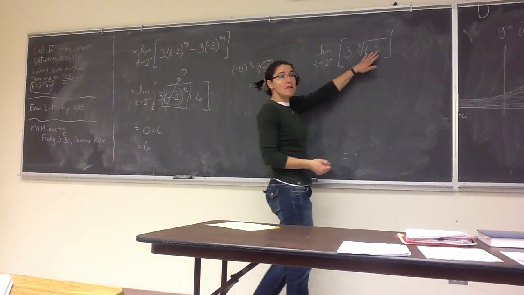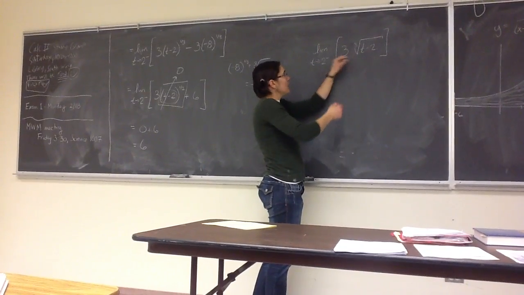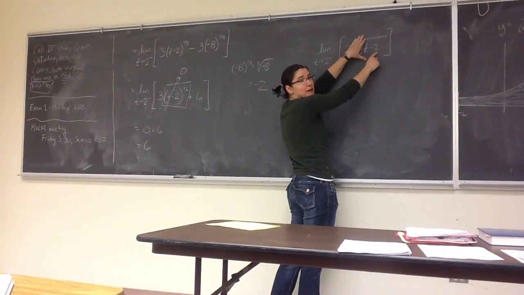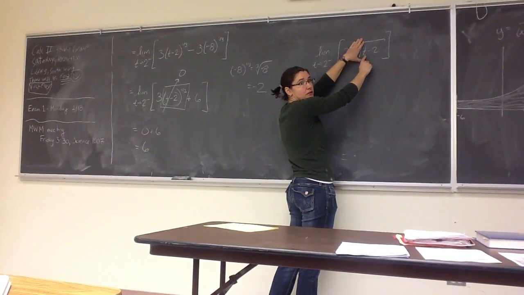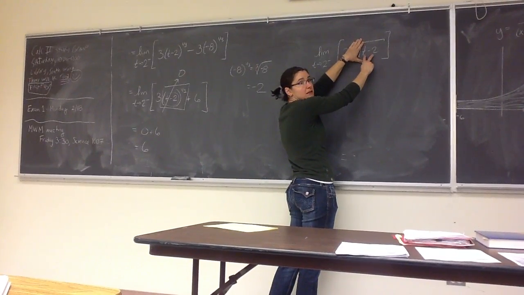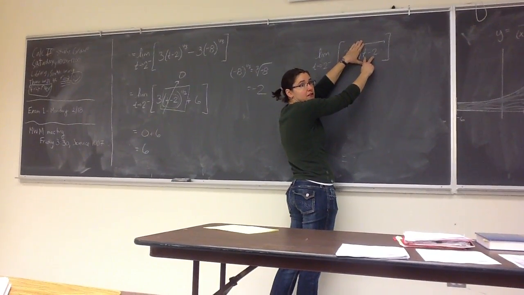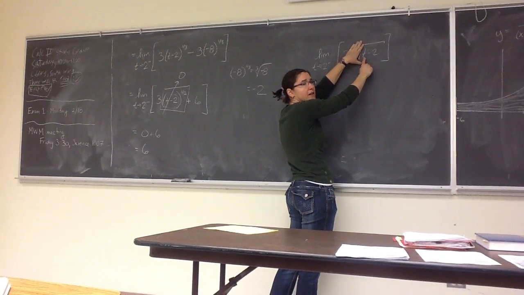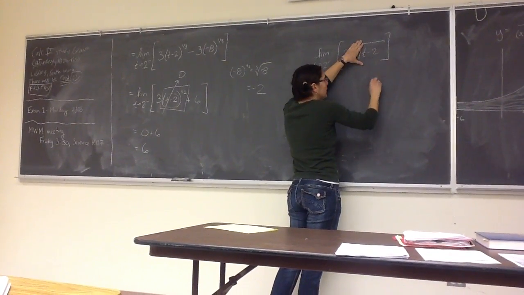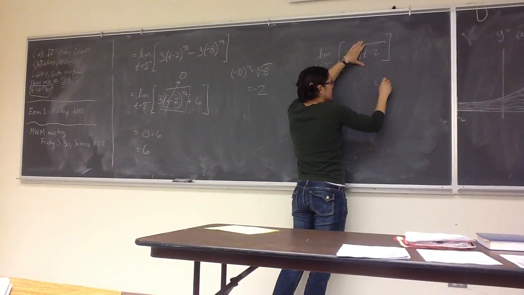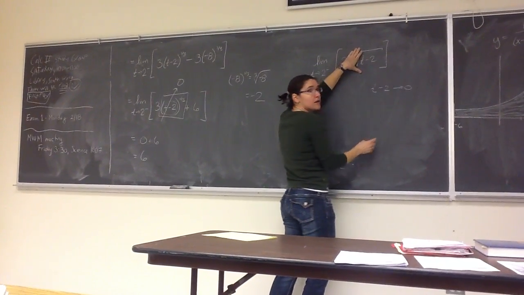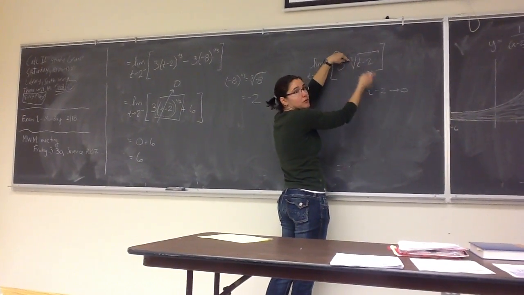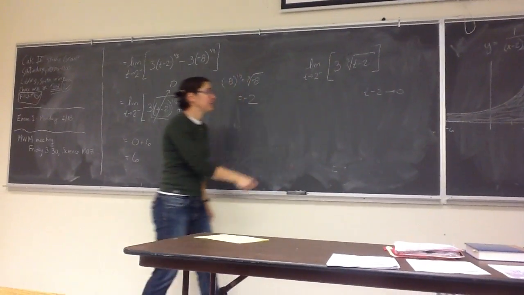And so what I might do is say, okay, I'm going to look at the part that's just the t minus 2 inside here. As t gets close to 2, this value inside here gets very close to 0. Think about t being 1.9 or 1.999. And so this term, t minus 2, goes to 0, which means that the cubed root of 0 is still going to be 0. Thank you. Good.